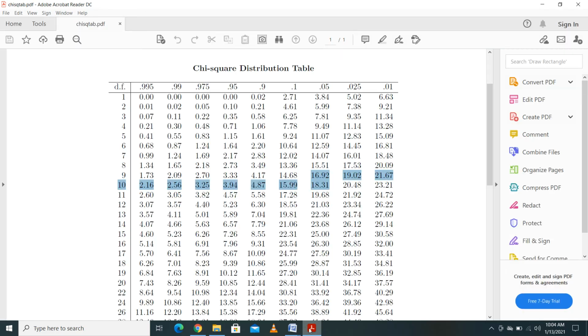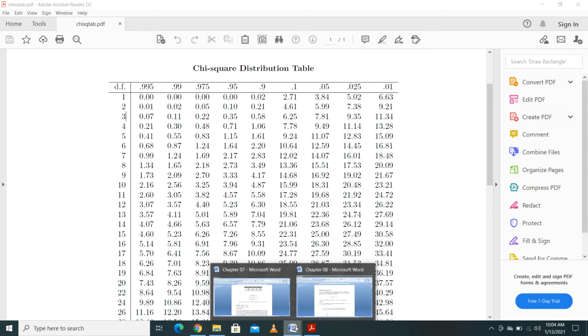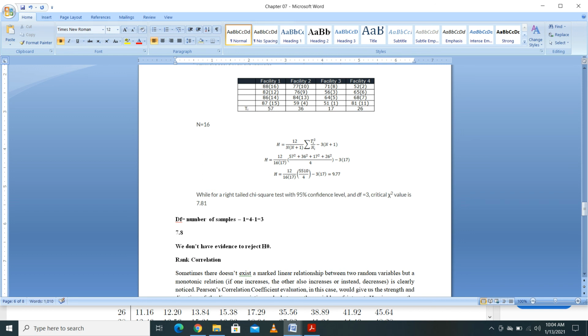If you look at the chi-square table with 3 degrees of freedom, the chi-square value is 7.81. So that value is correct, 7.81, and you can see the calculated value is greater than the table value. So we can reject H naught. That is, there is a difference between the training programs.